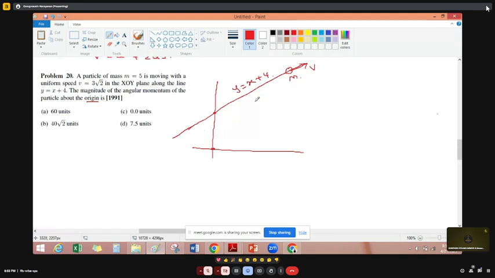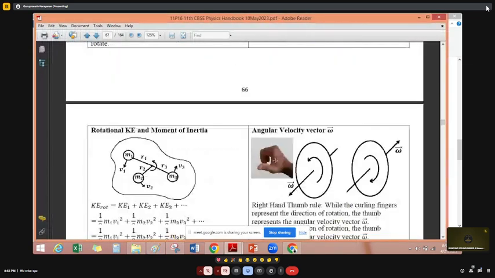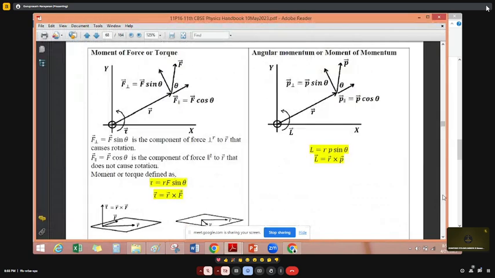So there is a concept here. I don't know if I have given it in the handbook. I'm sure I have given it somewhere in the handbook, maybe towards the end, for some entrance exam based question.